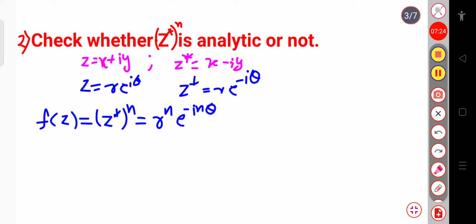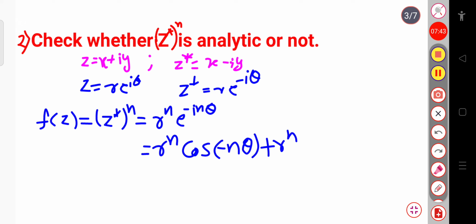So this becomes r power n into cosine n theta, or we can write cosine of minus n theta, and then plus r power n into sine of minus n theta. This is the actual Euler formula.